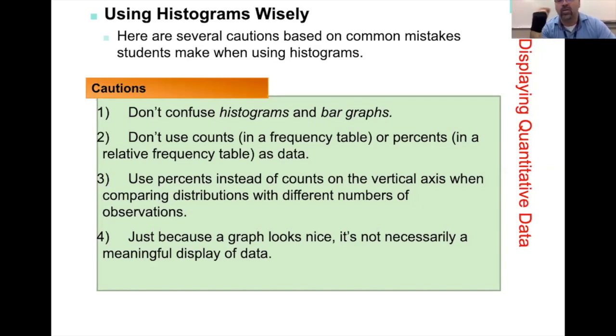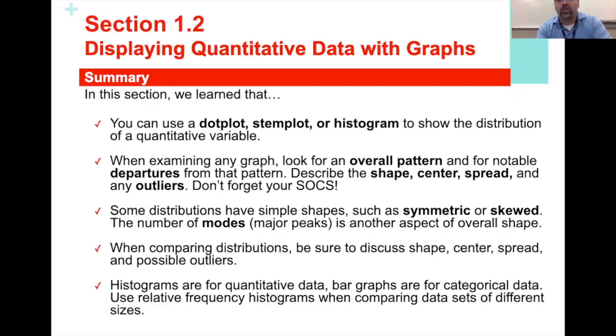You probably want to use what's called relative frequency for the height of the bars, and we'll talk a little bit more about what that relative frequency is later. And just because a graph looks nice does not necessarily mean it's a good display or a meaningful display of data, and that is quite true. So we are going to go over to the calculator now, and we're going to look at how to make a histogram with our graphing calculator.